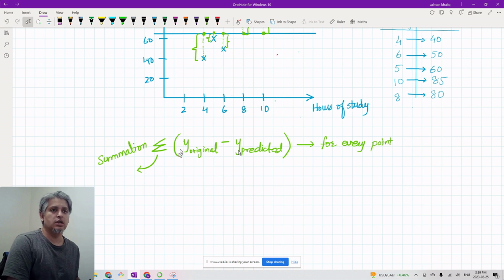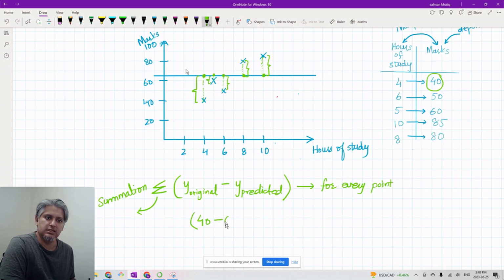For the first value, I will put the original value 40 and the predicted value 65. So for the first point, the original value was 40, minus the predicted value, which is 65.